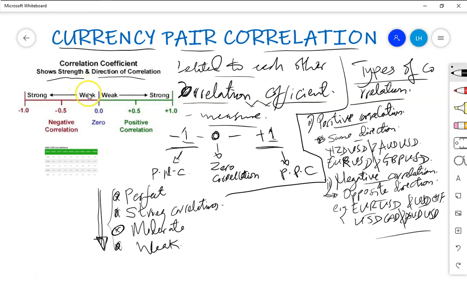As you move toward -1, the strength of negative correlation increases, and as you move toward 0, the strength of negative correlation decreases.